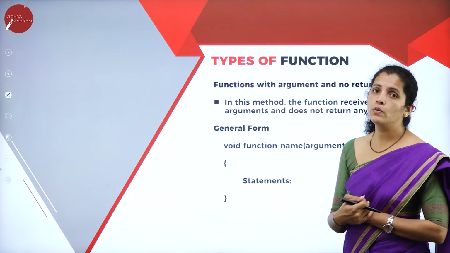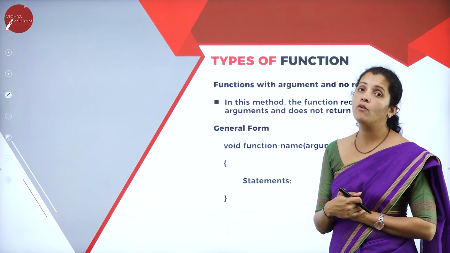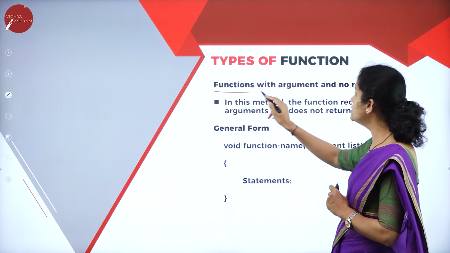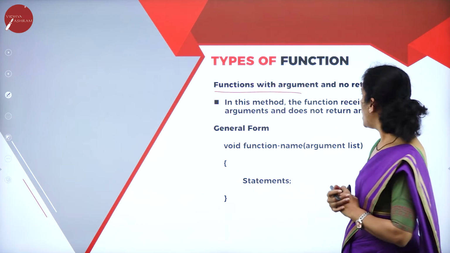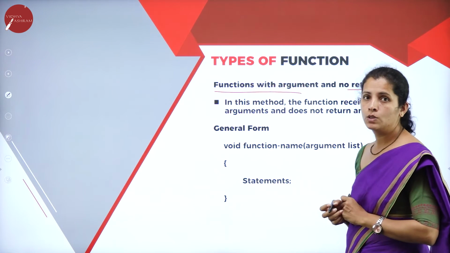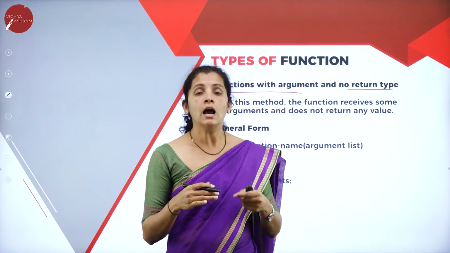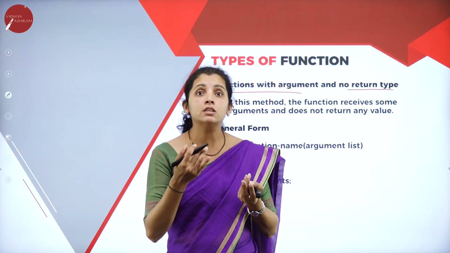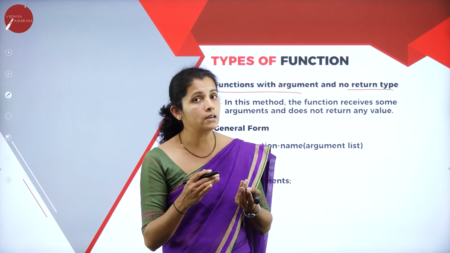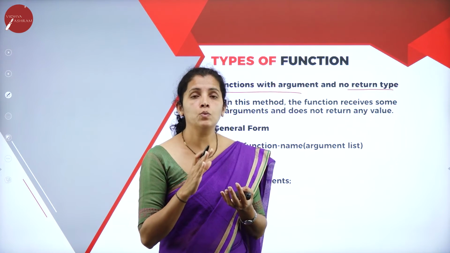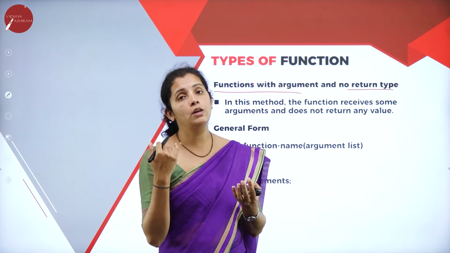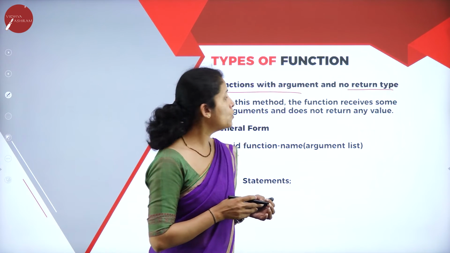Moving further, I'm going to have the second type of function, that is functions with arguments and no return type. As the name indicates, I'm going to have the function and I'm capable of receiving the argument, but after execution, I won't return any value to the other program.